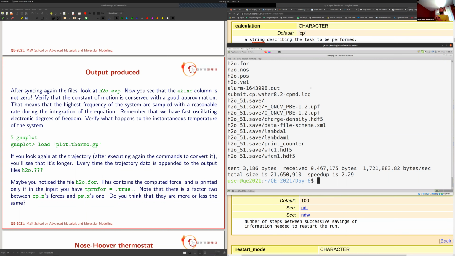So don't worry. And the timestamp, the number of steps, always increases between each restart file. So when you run the new input, the first step will have the same number as the last step of the previous run.